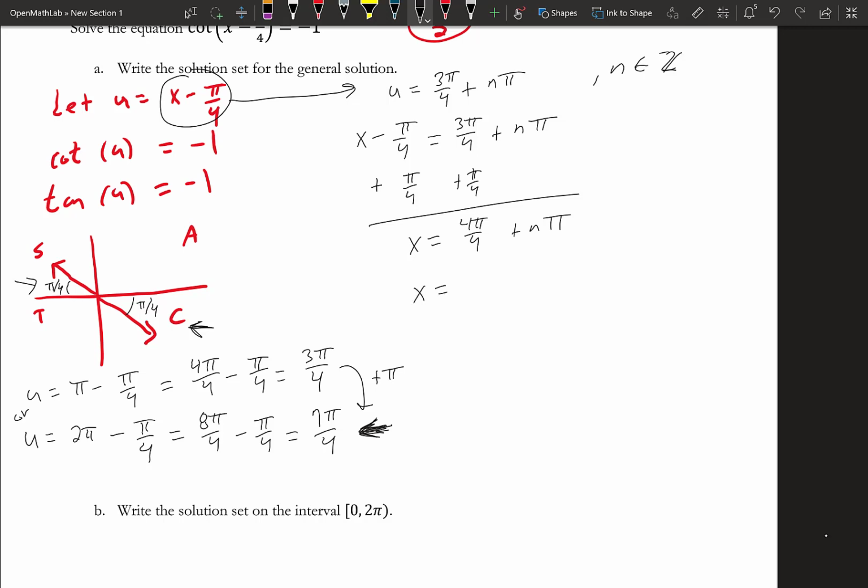This gives me x equals pi plus n pi. Since the period of tangent is pi, I don't really need this extra pi either. So this would be the same thing as if I just said x equals n pi, just getting all of the multiples of pi. So the general solution set would just be any x such that x equals n pi.